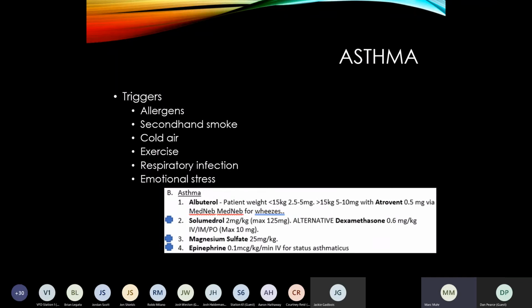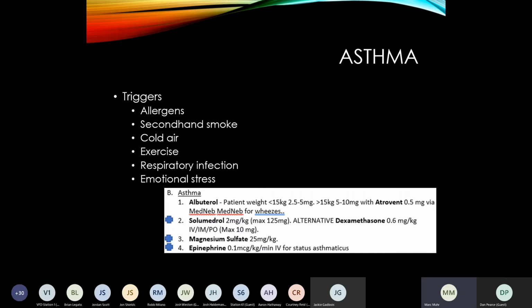Albuterol with Atrovent. Now with kids, you can make this continuous. They tolerate that quite well. The anti-inflammatory is steroid treatment with Solumedrol, max of 125 milligrams. The dose for that is 2 milligrams per kilogram.